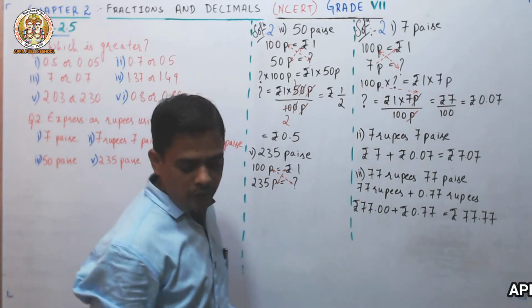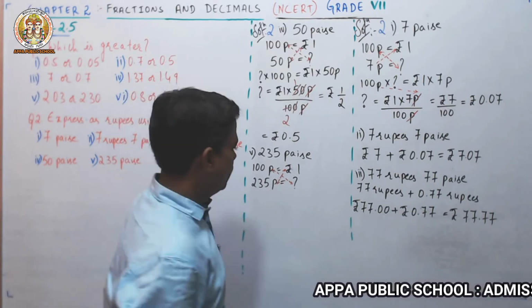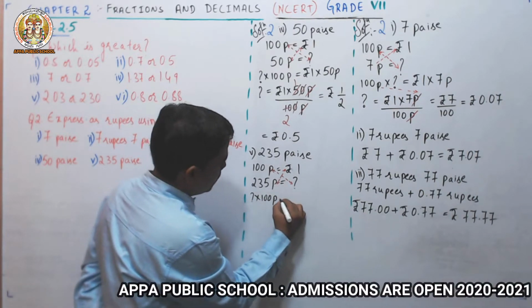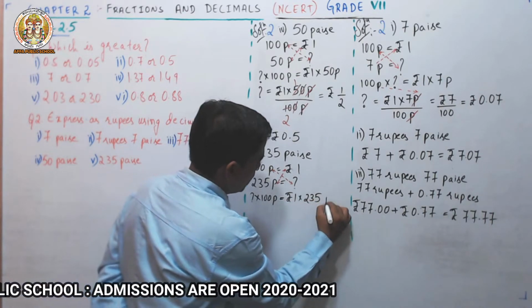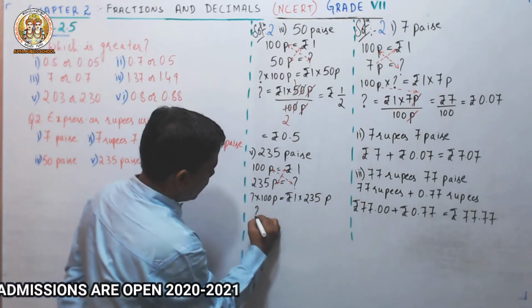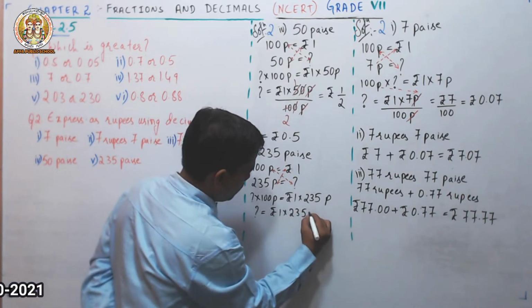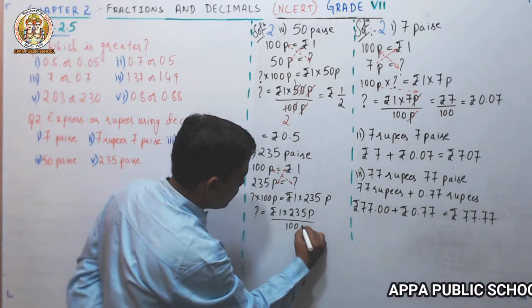2.35. Suppose if he has asked for 2 marks, you have to solve it. Steps are required here. So question mark into 100 paise is equal to rupee 1 into 235 paise. Okay. Question mark is equal to rupee 1 into 235 paise divided by 100 paise.